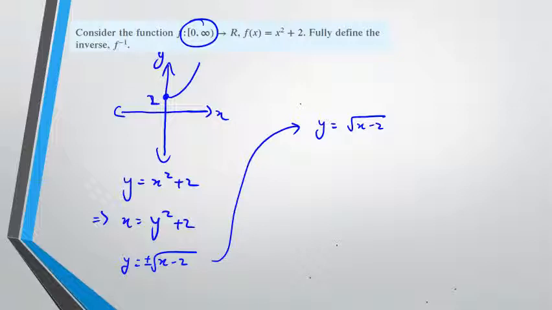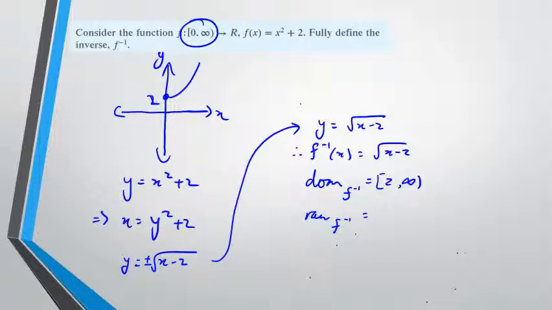In terms of our domain and range, they're swapped around from the original. So then we have 2 to infinity, and then our range is going to be 0 to infinity.